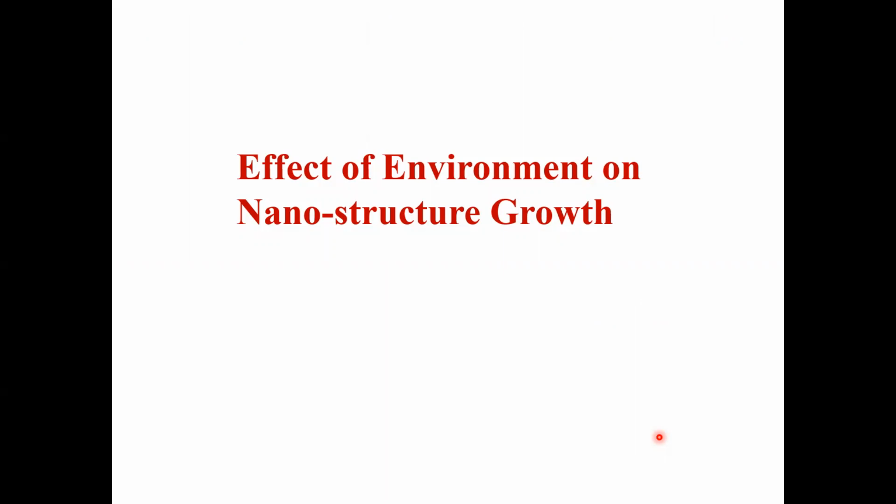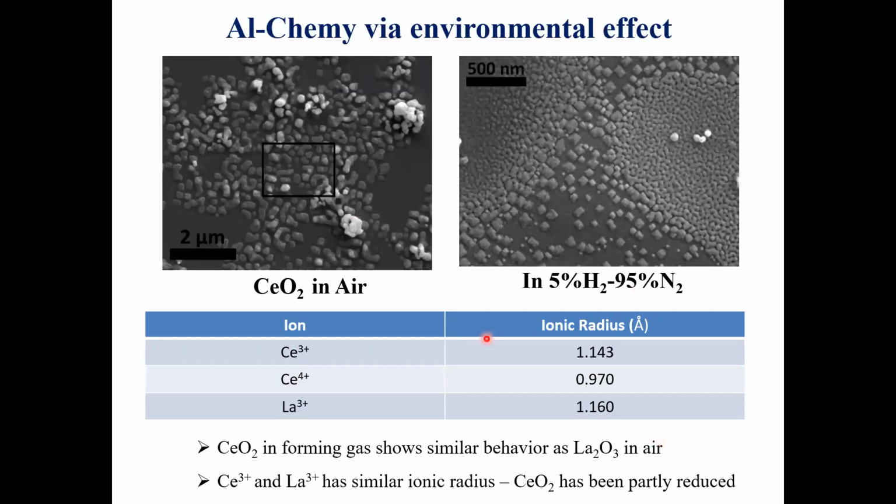Then we looked at the environmental effect. First of all, if you just put cerium oxide powder on YZ and do it in air, it doesn't form the nano-islands very well. But if you heat treat it in a 5% hydrogen, 95% nitrogen mixture as a forming gas, you see the nano-islands showing some well-ordered pattern, compared to random behavior here.